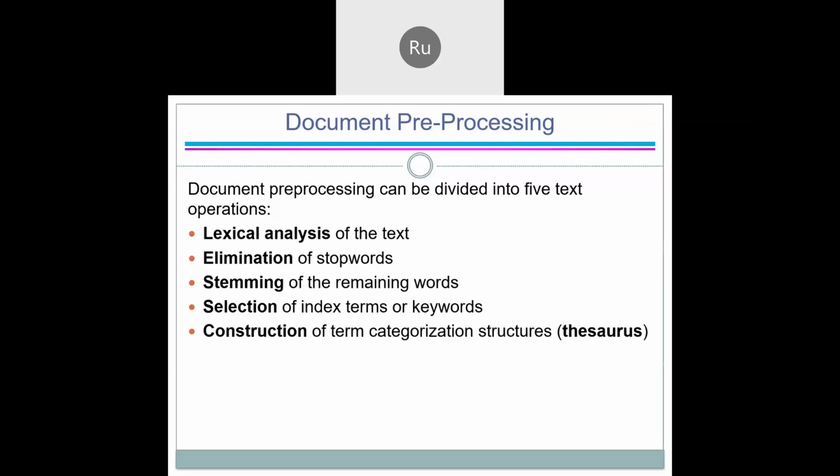So what happens in each of these pre-processing steps? In the first one, lexical analysis, the process converts a stream of characters into a stream of words. In other words, we call it tokenization. We produce tokens of terms, and then we push them to the next stage. So we identify words in the text.